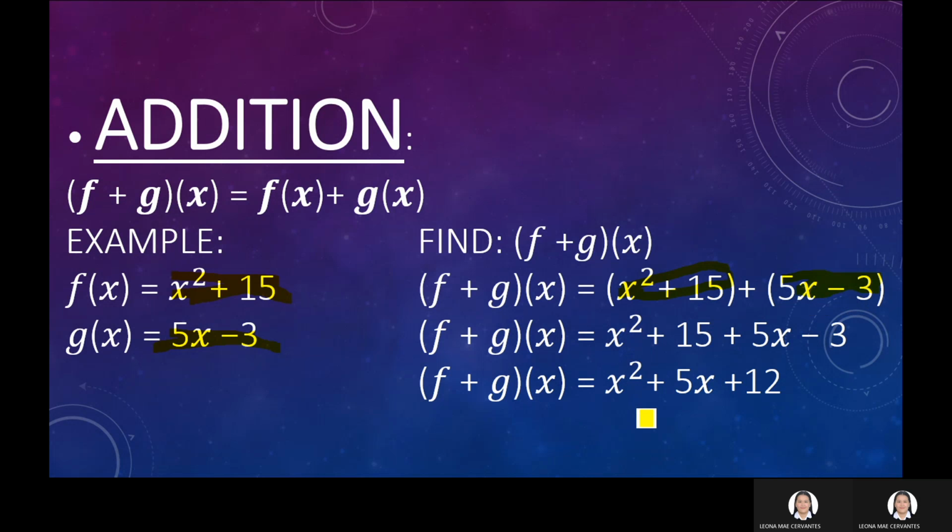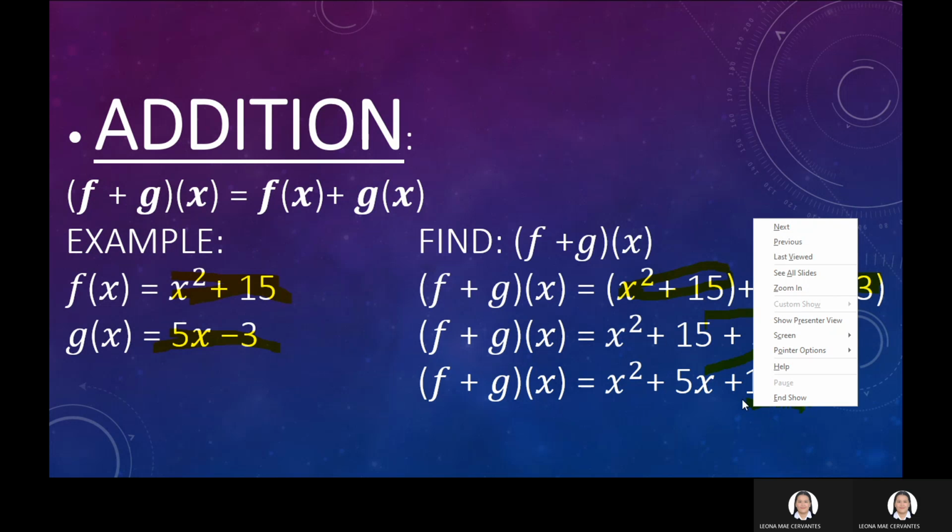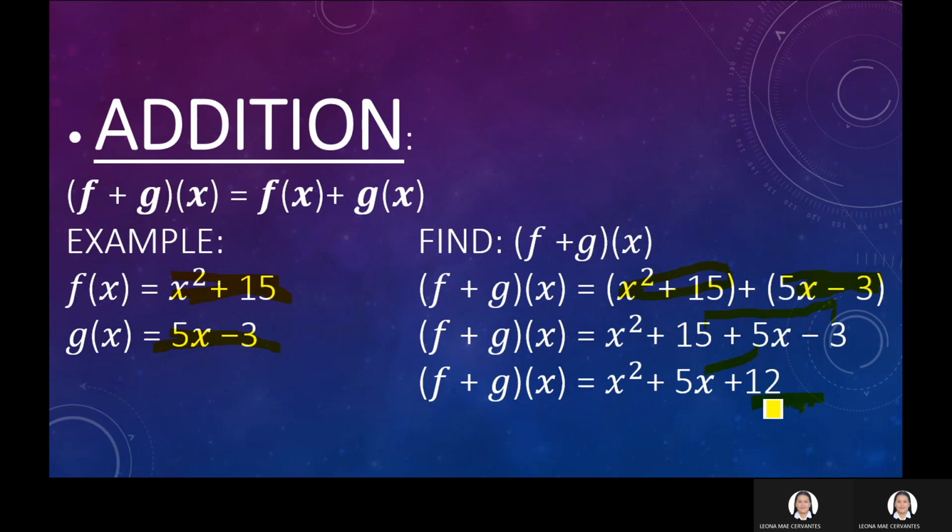So we have x squared, then 5x, then 15 minus 3 is equal to 12. Okay? So f plus g of x is equal to x squared plus 5x plus 12. Okay?